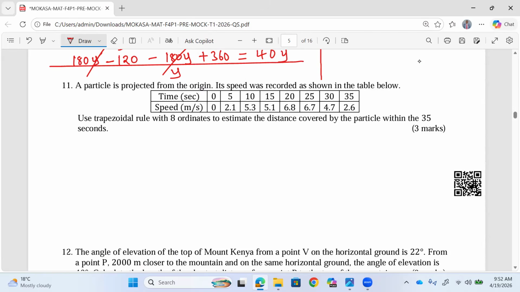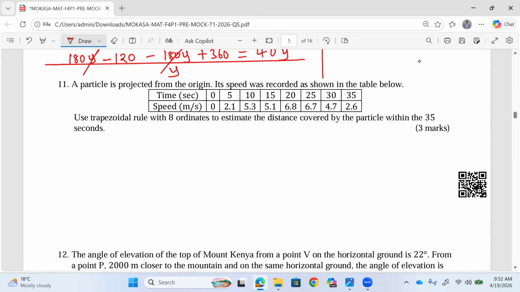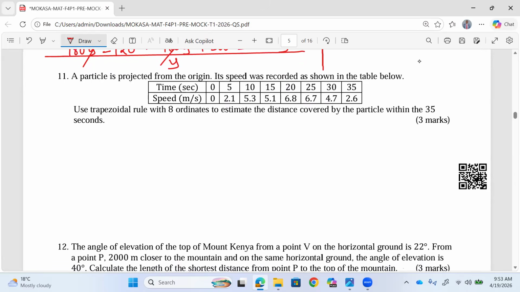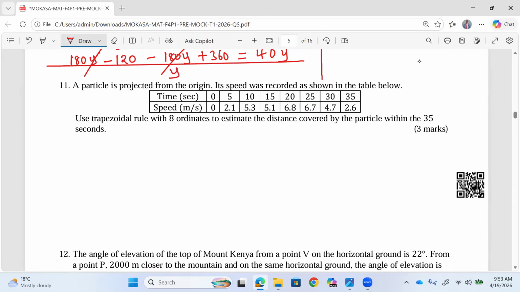The area under the graph will give us what we call the distance covered. That is from linear motion. Area under the graph, if you have plotted velocity or speed against time, gives us the total distance covered. Therefore, in this case, the area will give us the distance covered.